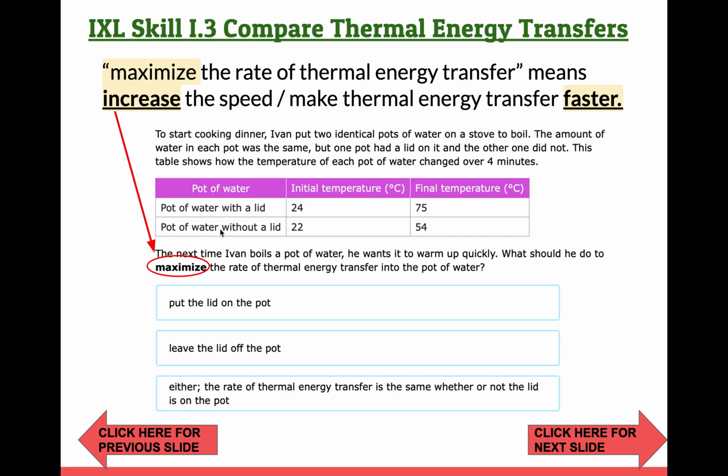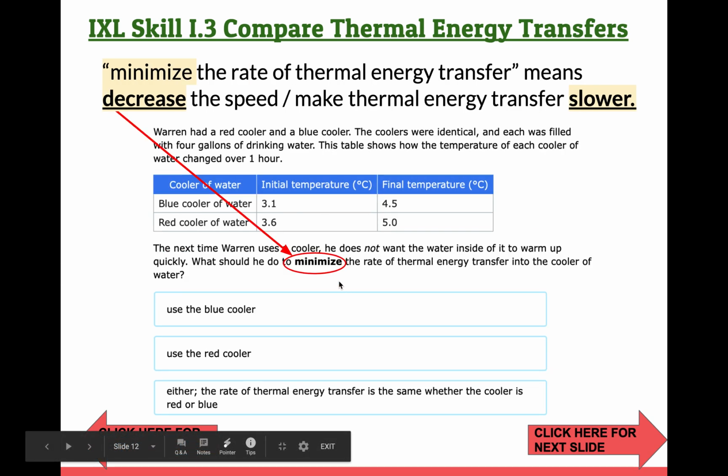But if you have a pot of water and you don't put a lid on it, then even after 4 minutes, the final temperature only went up to 54 degrees. So if you want to maximize, if you want to increase the speed of thermal energy transferring into the water, then you should put the lid on the pot because that's going to increase the transfer of thermal energy so that the final temperature is a lot higher.